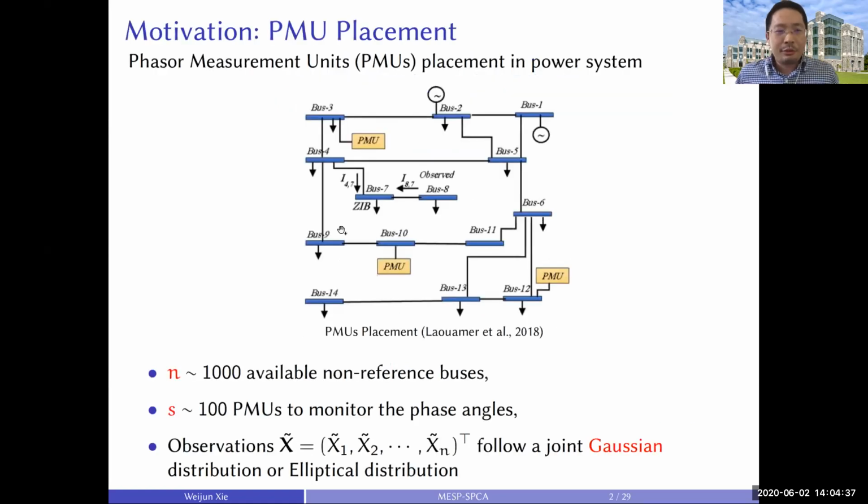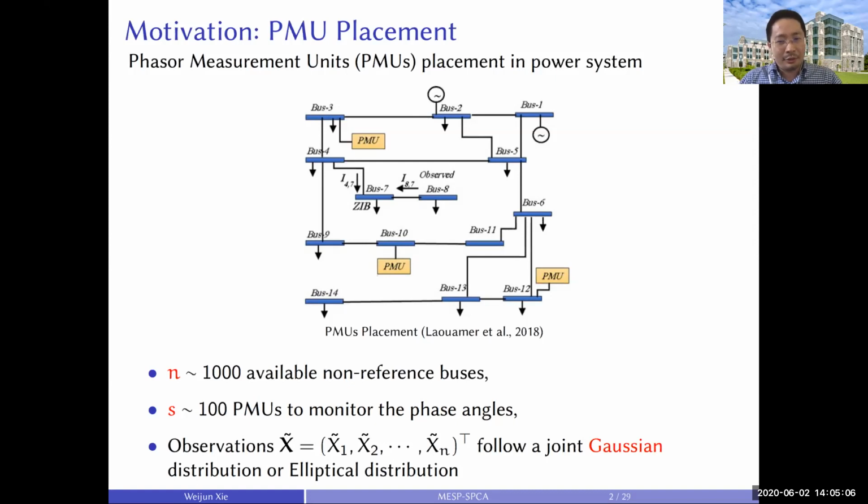A good motivating example for this type of problem is PMU sensor placement in power systems. In a power system there are two types of sensors. The first one is the scatter, which has been used widely. The new one is called PMU, which is much faster and much more accurate.